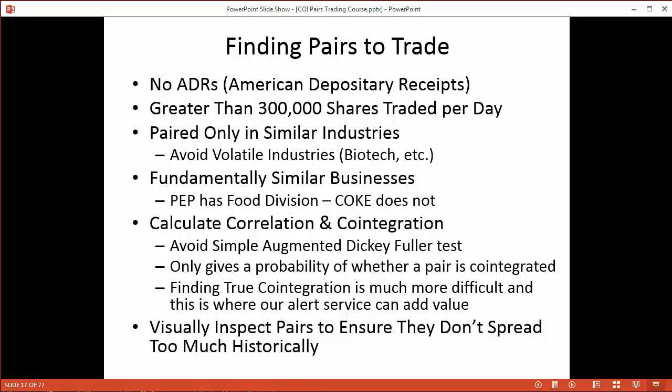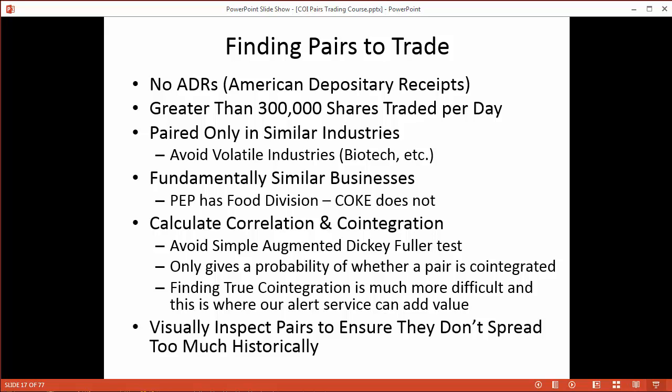Also, we want to find stocks that are in similar businesses, fundamentally similar businesses. Not just the industry or sector, but we want to look at them a little bit more in detail and make sure that they're really doing the same kind of things. For example, we use Pepsi and Coke a lot in examples because it's easy to understand. They both sell soda. However, Pepsi also has a food division.